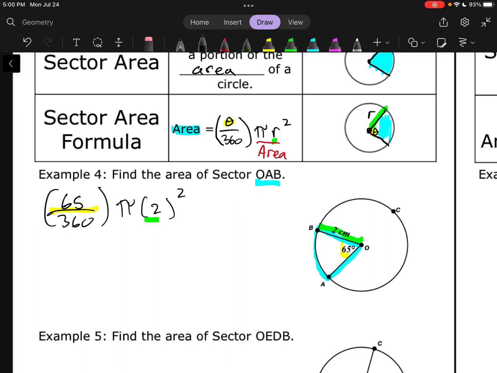So there's our formula. I'm going to type that in and we're going to see what we get. 65 over 360 times pi times 2 squared. I'm getting 2.3. And this would be centimeters squared because it's area.